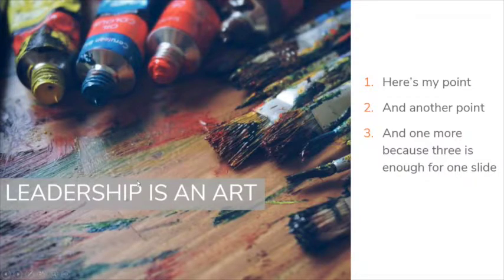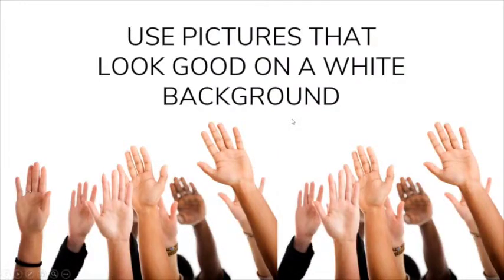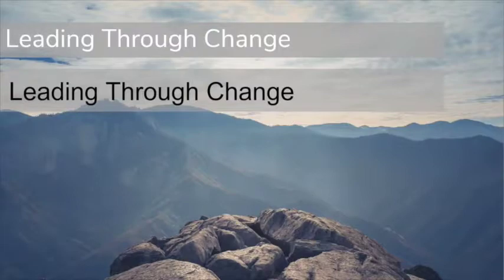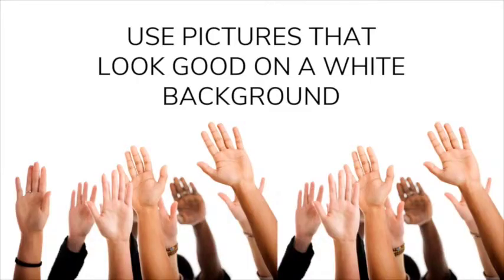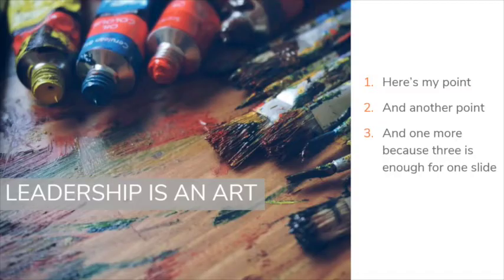It draws your eyes left, and then you have to look right in order to see what points I want to make. So another tip is, instead of putting your titles at the top, like I did with Leading Through Change and this slide, put them somewhere else on the slide. Make them stand out. People will know it's your title. It doesn't always have to go at the top.